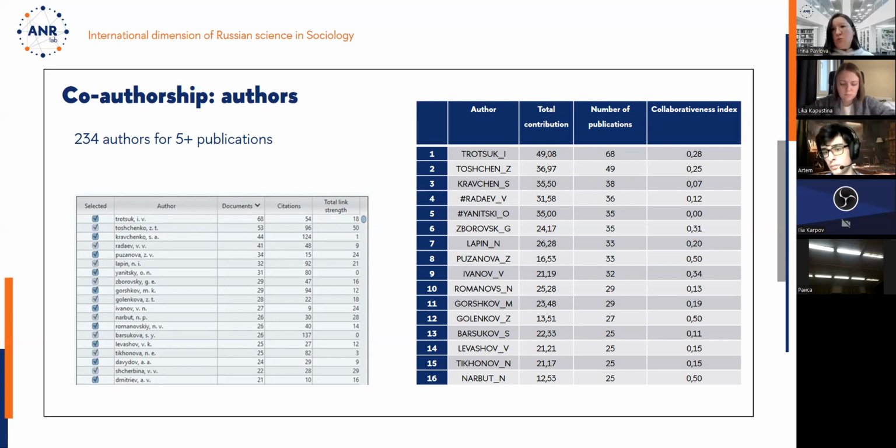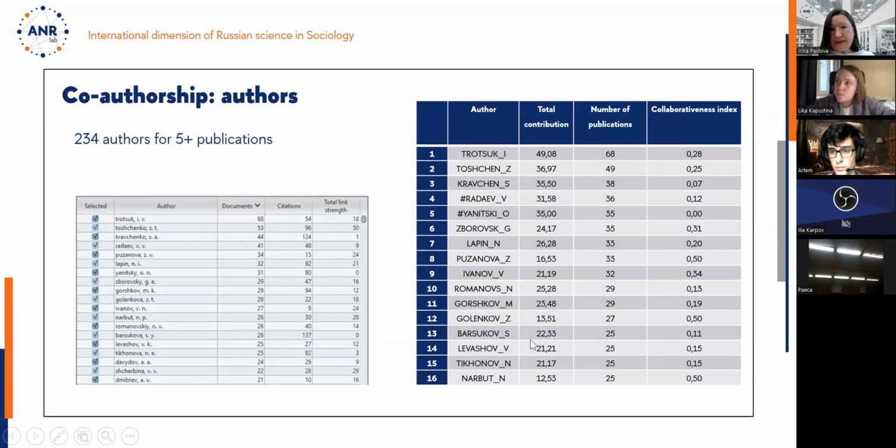But what is important here is that those Russian sociologists majorly work individually or in really small groups. Collaborativeness index calculated for these top authors shows that this propensity to collaborate for the sociological community is not that high.